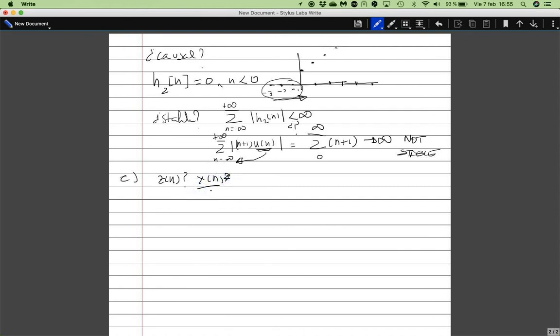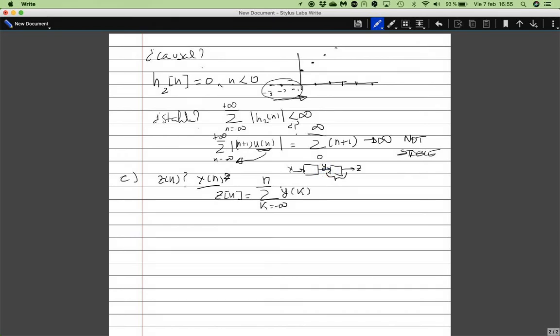Okay, so that's very easy. We just apply the definition that we just got. Zeta of n is the summation from k equal to minus infinity to n of what we got between the systems, which is y of k. So remember that we have both systems connected in series. The signal here is y, the input here is x, and now the output we call zeta. So basically we are watching the output of the system at this point.